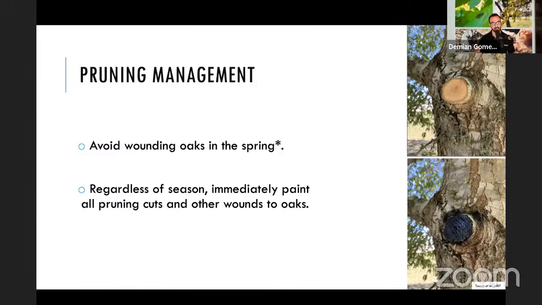And the second thing to consider is that regardless of the season, we want to immediately paint all pruning cuts and other wounds to oaks. And any kind of paint can be used. The goal here is to put a physical barrier so the beetles cannot introduce the spores. Okay?